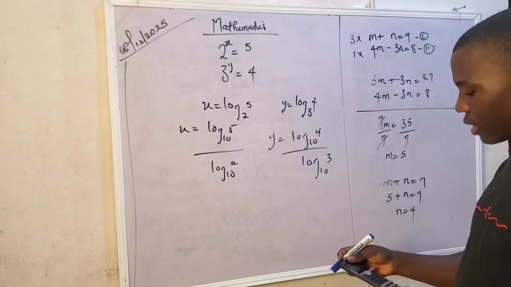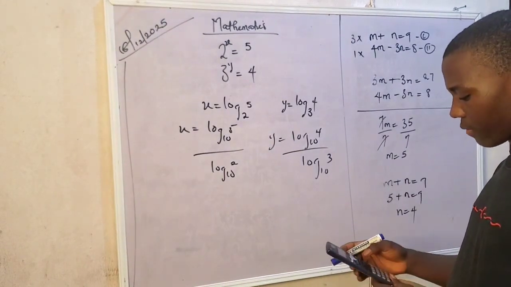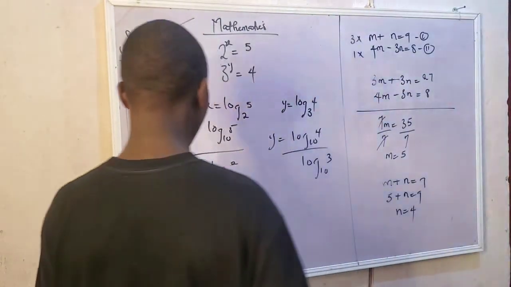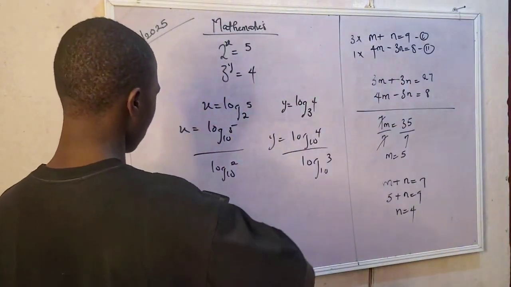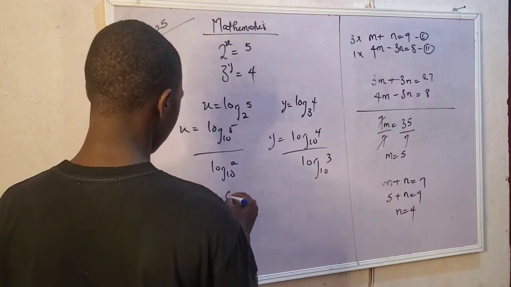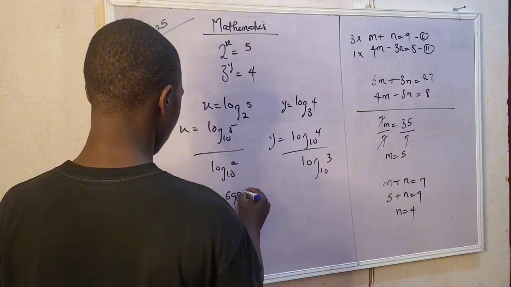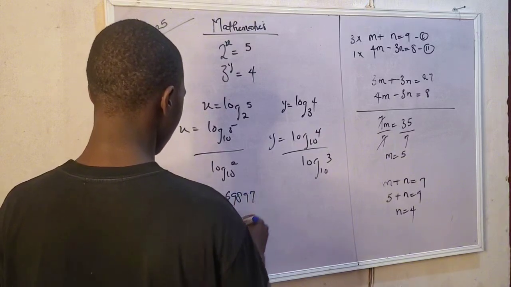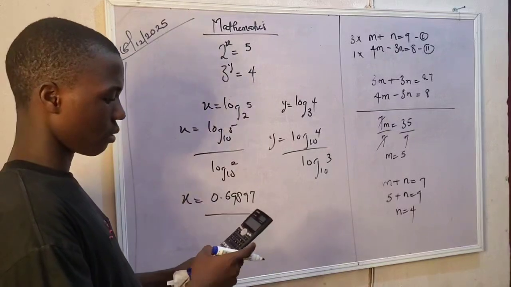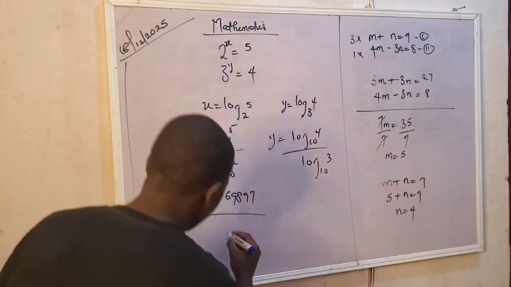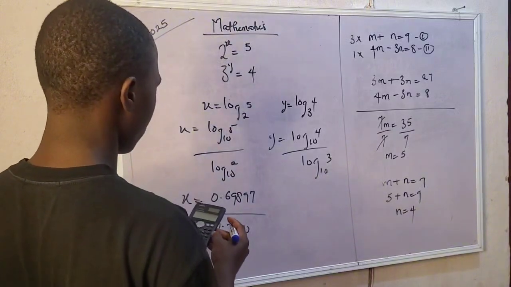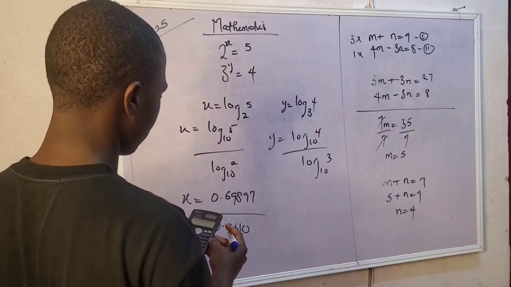Log 5, if we approximate, gives us 0.69897. Then log 2 gives us 0.3010.